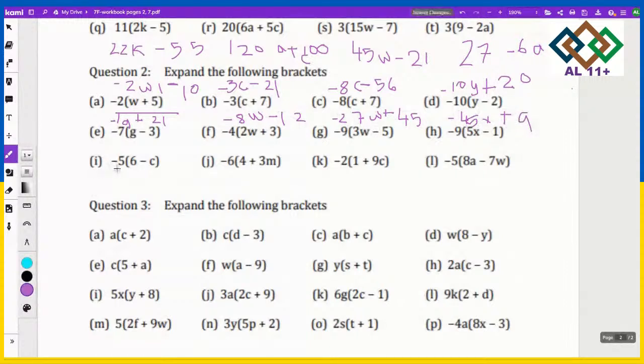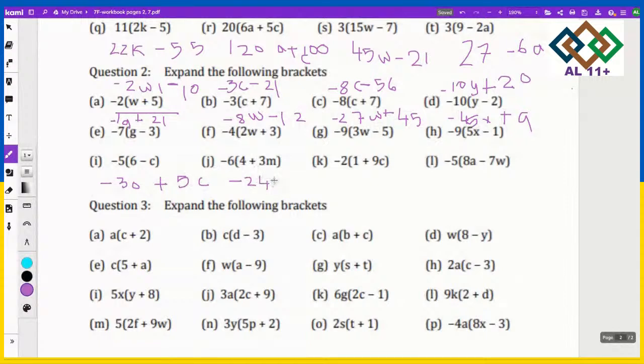Then you have minus 5 multiplied by 6, that would be a minus 30. Minus and minus will become a plus 5C. Then you have J, that would be minus 24.